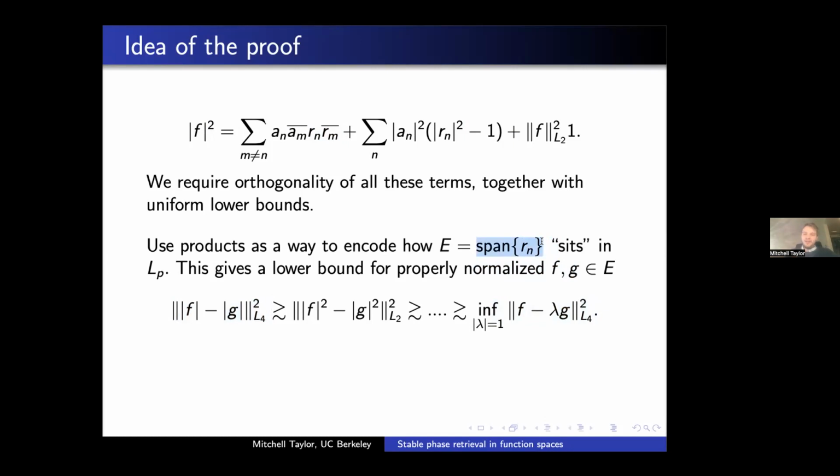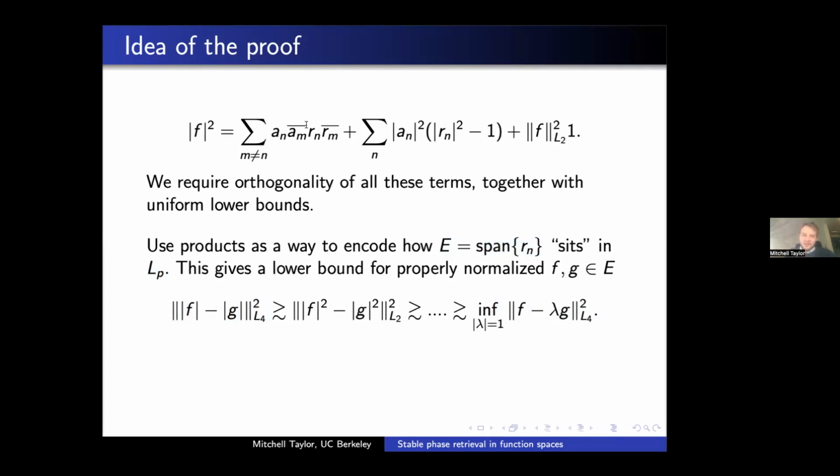Because there's no property of R^n intrinsically that I could put on. I could choose this to be my favorite basis. From a Banach space point of view, it can be extremely nice. No property like that is ever going to tell you that you do stable phase retrieval, because the point of stable phase retrieval is how you sit as a subspace. So how does this subspace sit inside of L^p?